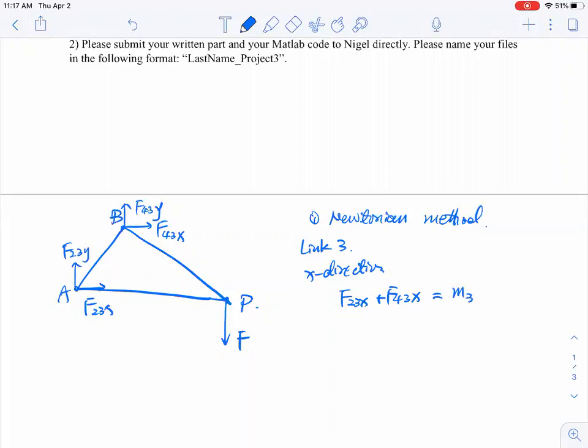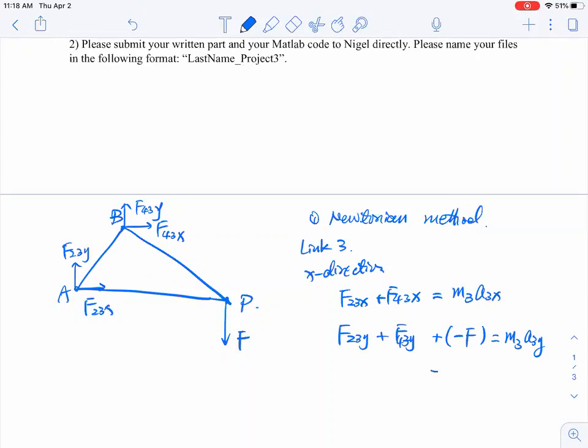That's going to give you M3A3X, the linear acceleration along X. Same thing if you sum all the Y directions together. In this case, you have to consider the P point force, and it's negative, so that's minus F, and then you have M3A3Y.